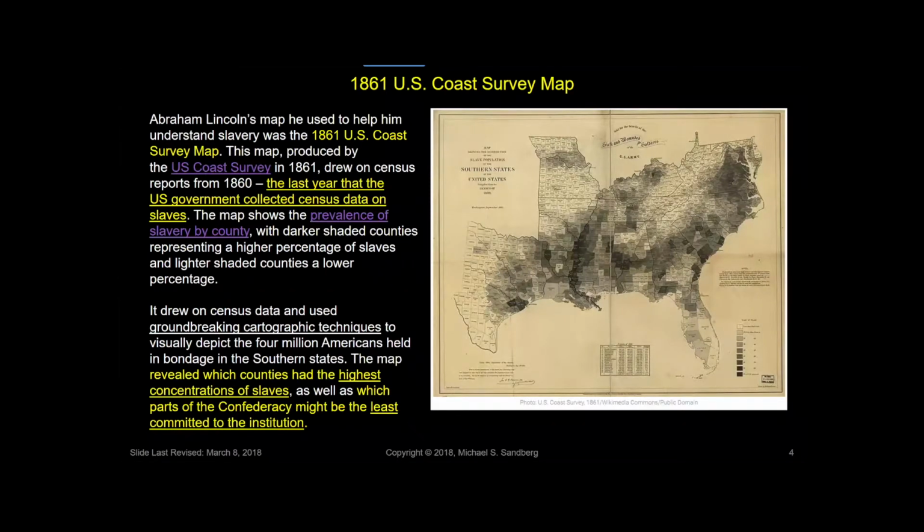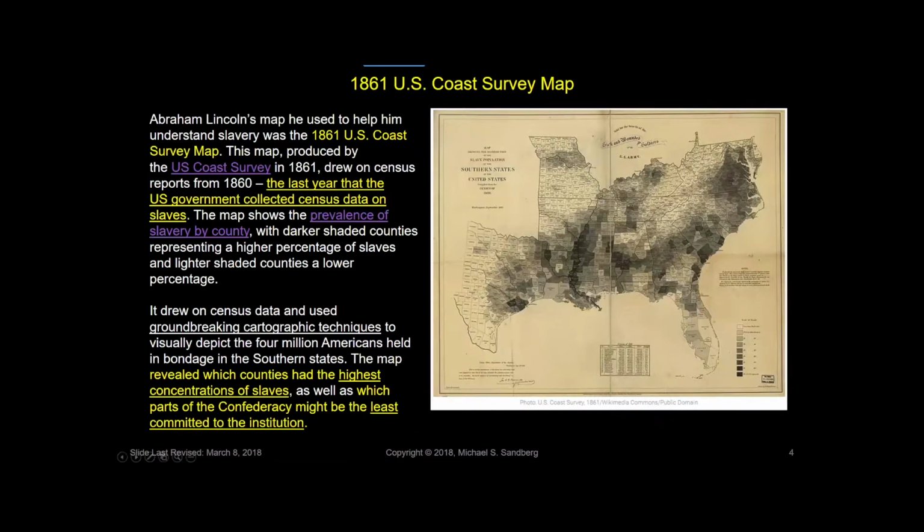In 1861, the U.S. Coast Survey put out a map of the slave population of the southern states of the United States.